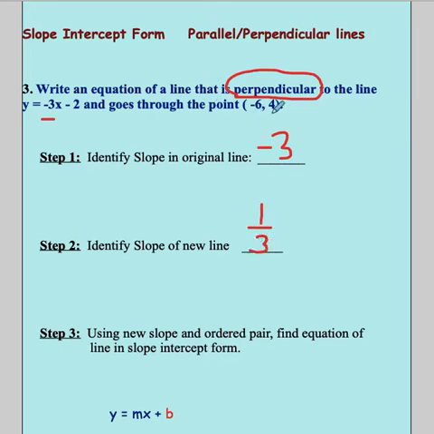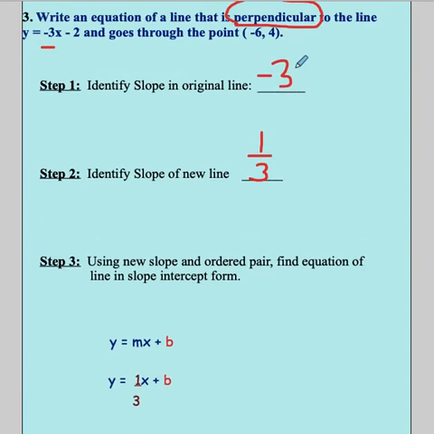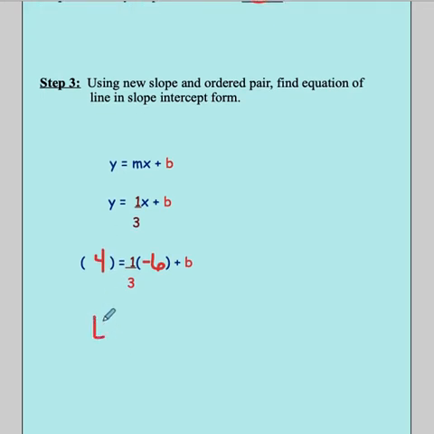Then I'm just going to use this ordered pair and get a new equation. So I start off, I've got 1/3. Then I'm going to use this ordered pair of negative 6 and 4. To find the y-intercept, I take 1/3 of negative 6, which is negative 2.